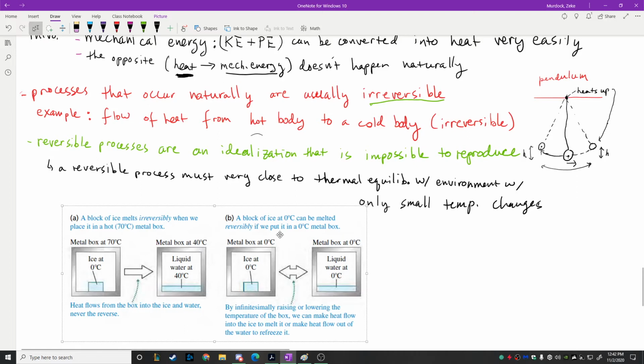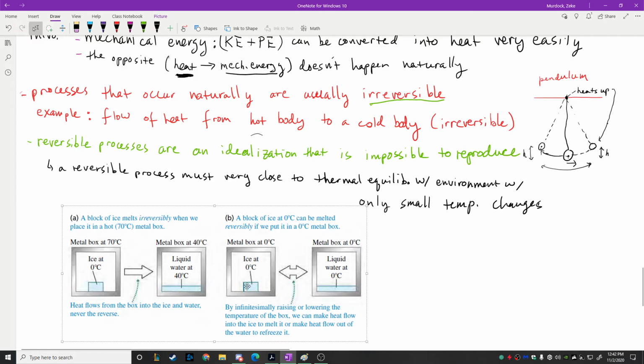Okay. Now, take the same system, but make it in thermal equilibrium. That is to say, keep both the objects at the same temperature, right? So you've got the metal box at 0 degrees Celsius. You have ice at 0 degrees Celsius, right? A block of ice at 0 degrees Celsius can be melted reversibly if we put it into a 0 degrees Celsius metal box.